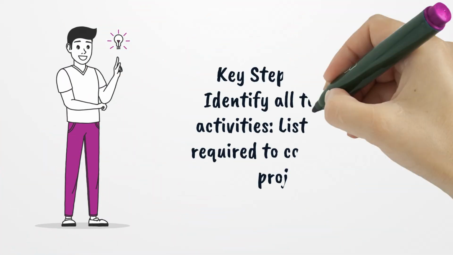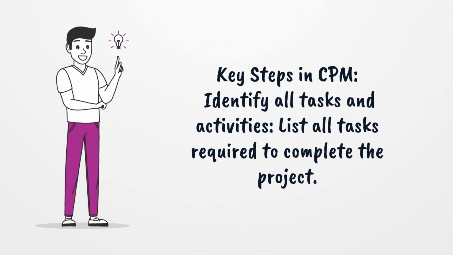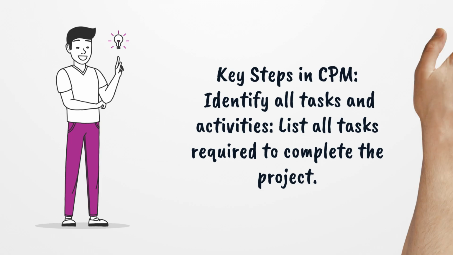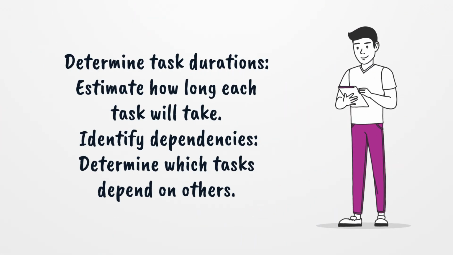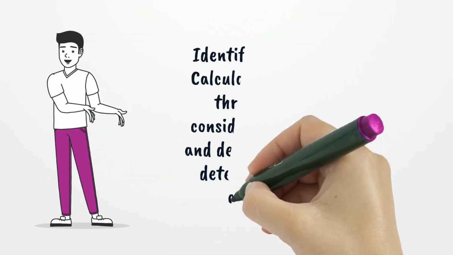Key steps in CPM. Identify all tasks and activities. List all tasks required to complete the project. Determine task durations. Estimate how long each task will take. Identify dependencies. Determine which tasks depend on others. Identify the critical path.